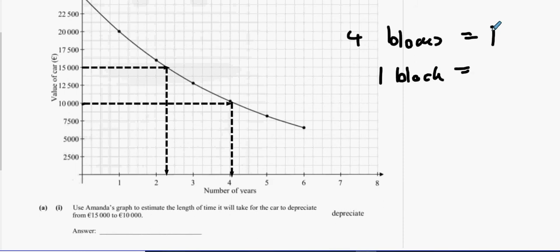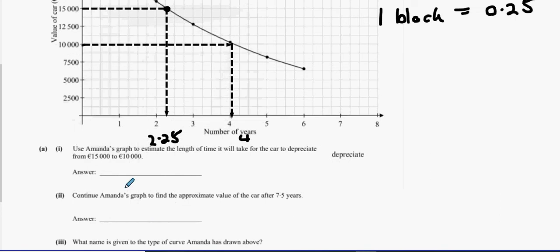Divide 1 by 4, what do you get? 0.25. So this is 2.25 years when it's worth 15,000, and 4 years when it's worth 10,000. So what's the gap in time in between? 1.75. Okay.